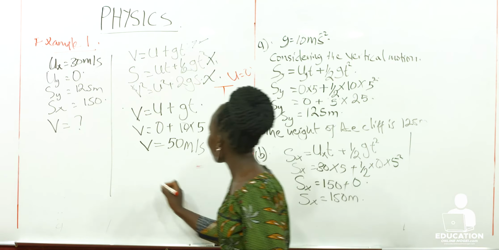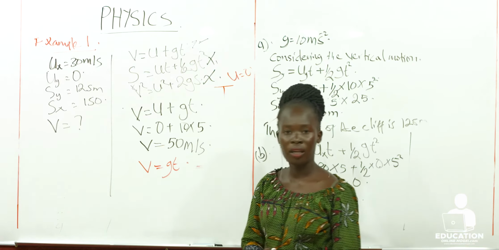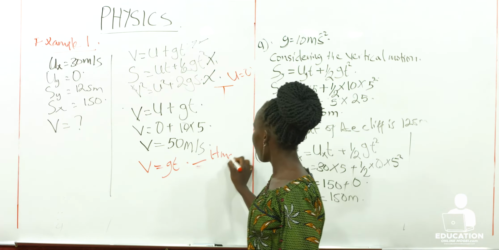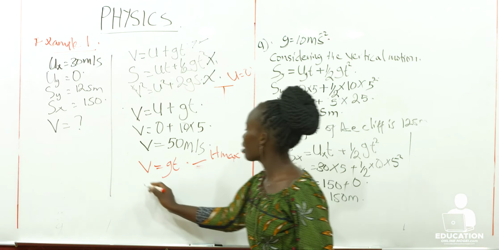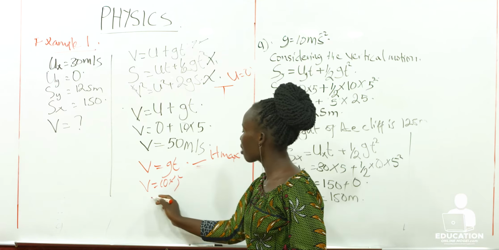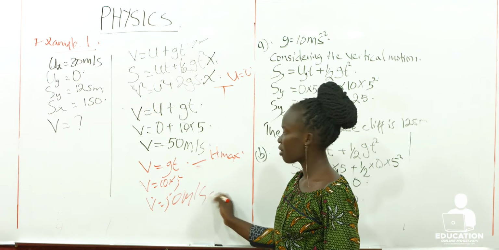So you can just write V is equals to GT, and then indicate that it is at the maximum height. So you can just substitute it directly. 10 times 5, you also get the same answer, which is 50 meters per second.